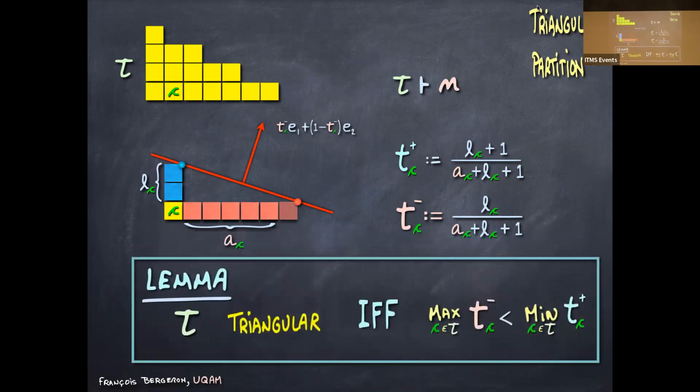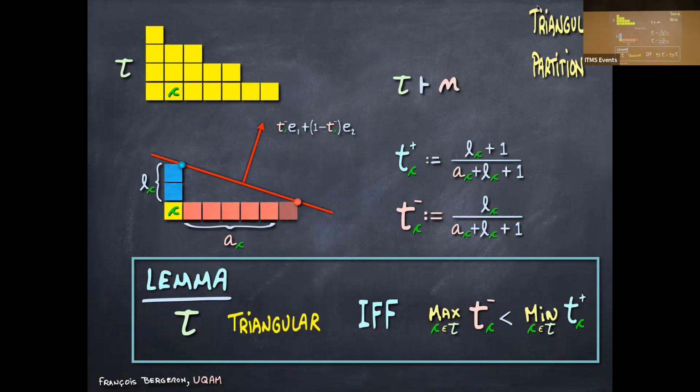So now the lemma, once you've thought about this a bit, says that the partition tau is triangular if each of the cells in the partition have these same slopes essentially, but now you have an interval of slopes from t minus to t plus.